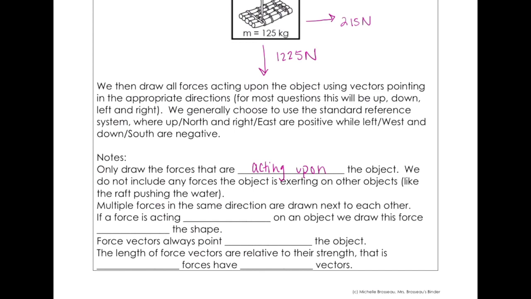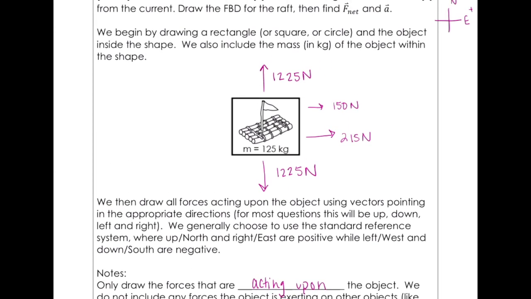Multiple forces in the same direction are drawn next to each other. If a force is acting down on an object, we draw this force below the shape. Here we had gravity working downward on the object, and so the arrow was put below it.